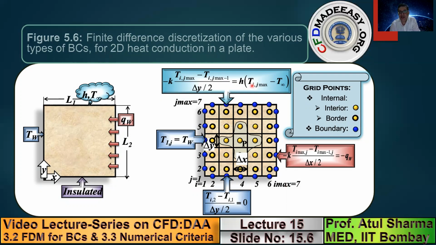All these boundary conditions which involve the normal gradient of temperature, note that although we call these two Neumann and this Robin, all these three can be called non-Dirichlet boundary conditions.